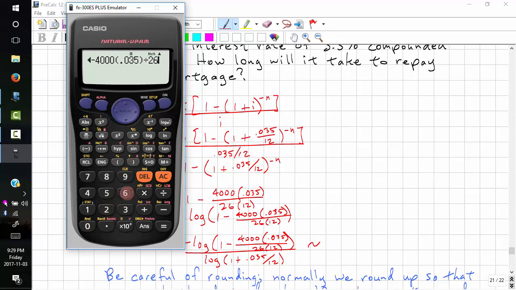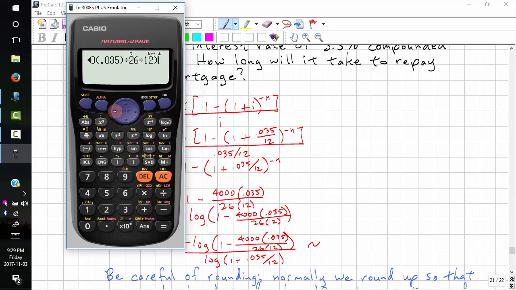Divided by 26 divided by 12. Optionally, you could put divided by, adding another set of brackets, 26 times 12, but I prefer to divide twice. And we have 2 right brackets, 2 left brackets, so we're good.